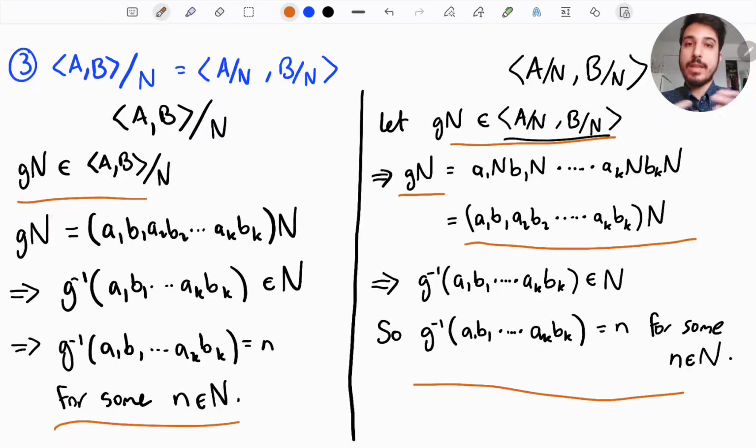This means that these two statements are equivalent. There is an if and only if. And this proves directly the equality of the sets, completing the proof of the third result.